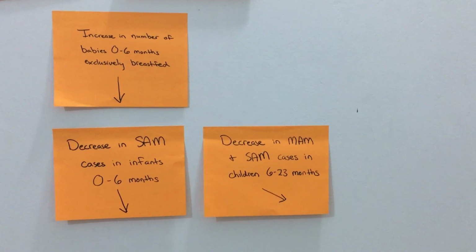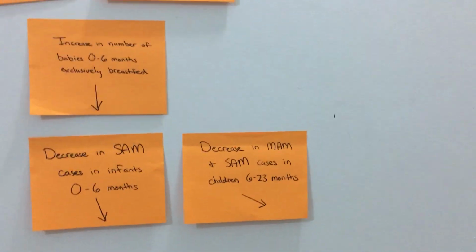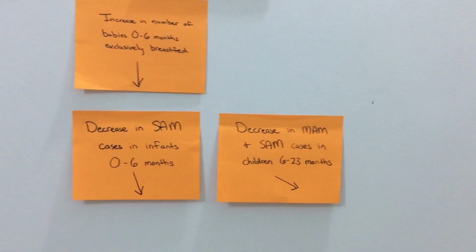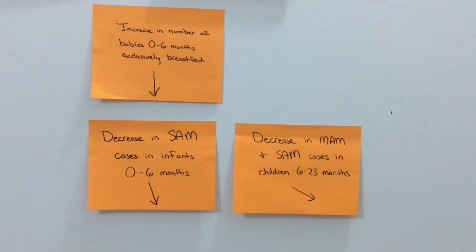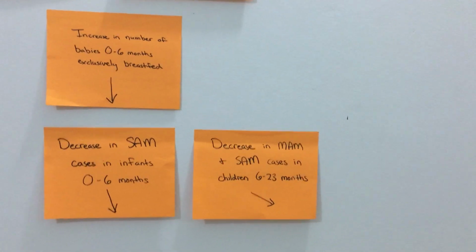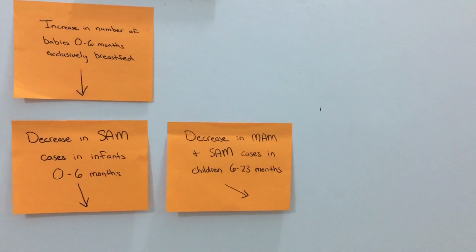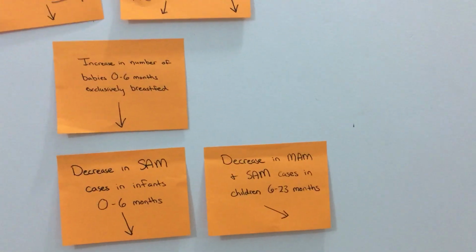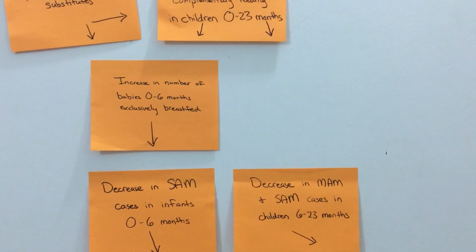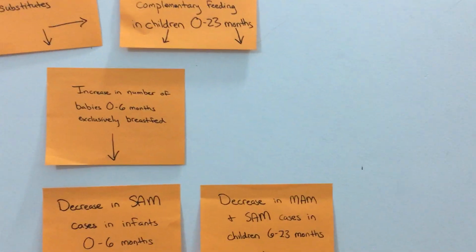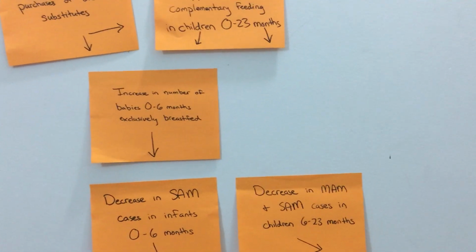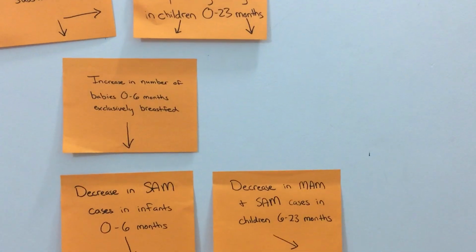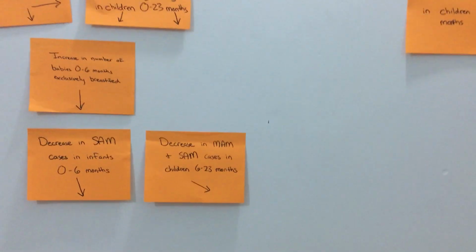We don't know if we're the ones, because of our education program, that are causing this to happen, or if there are outside factors. It's just too big for us to really track at that level. Furthermore, if we want to know these numbers, UNICEF is collecting this all over the place, and these reports will come out in the nutrition sector group. And so we're going to get this kind of information anyway on a broader level. So it's not as important to me that we track it.